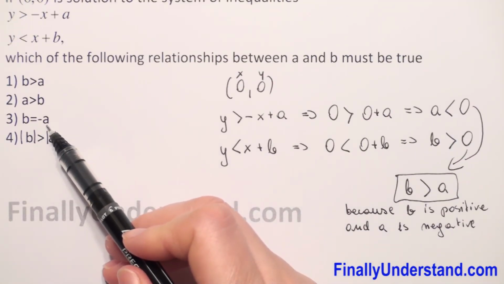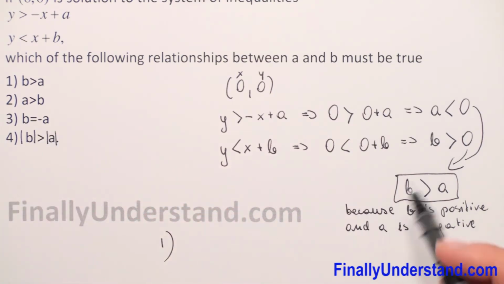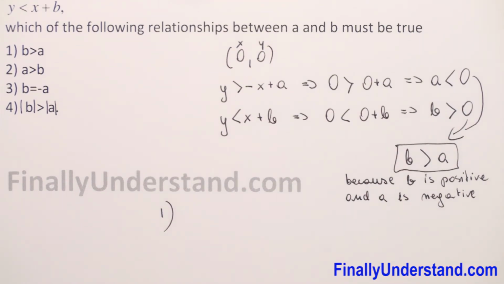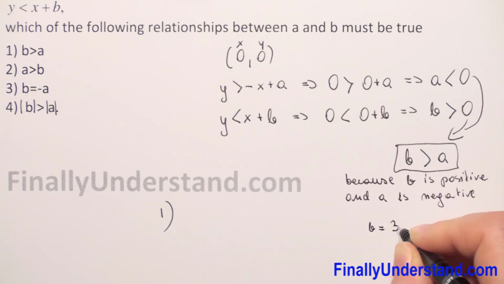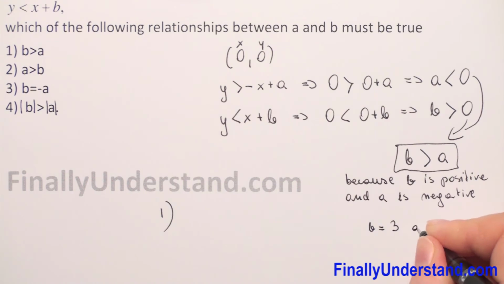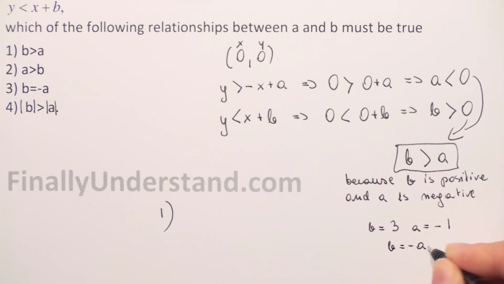The third is b is equal to negative a. For example, if we choose that b is equal to 3, which is a positive value, so it can be, and for example a is equal to negative 1, so we have the equation b is equal to negative a.